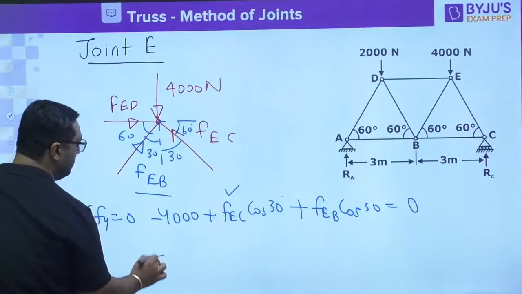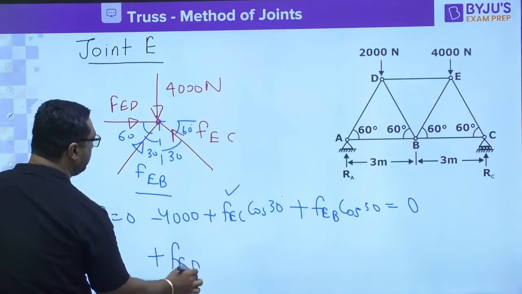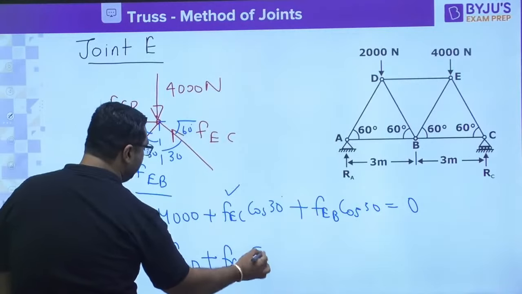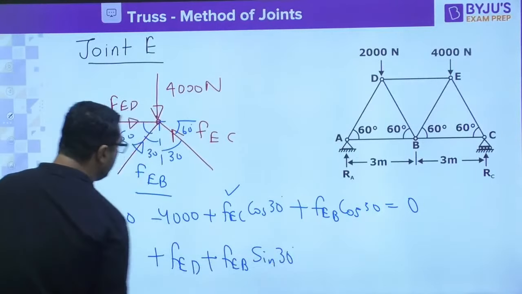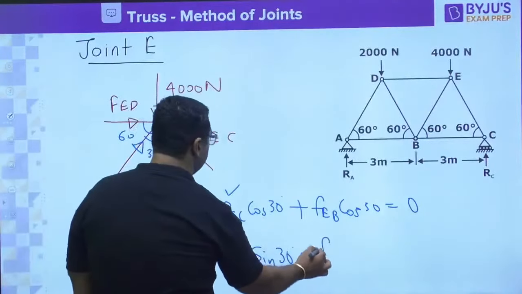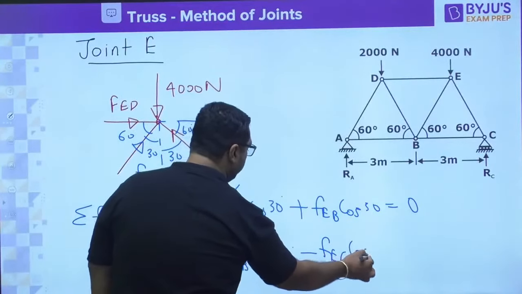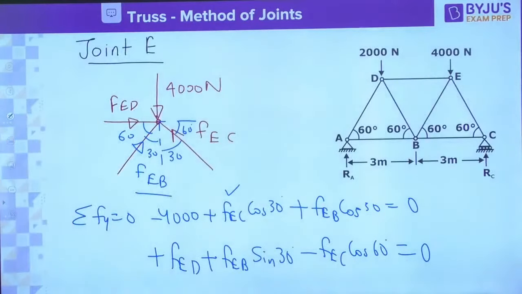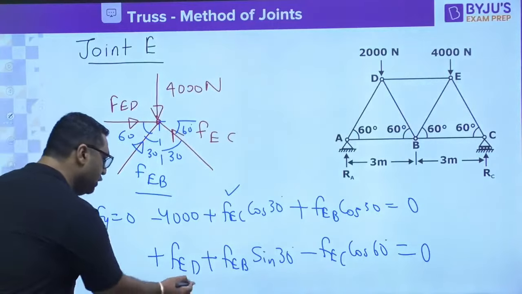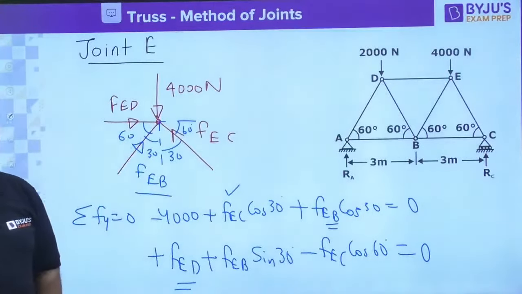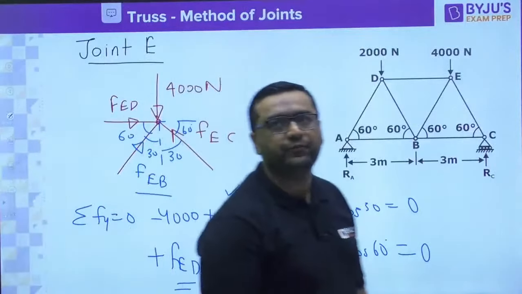You will be having plus FED plus FEB sin 30 or cos 60, whatever you want to write in this direction. Then minus FEC cos 60 is equals to 0. So my dear, these are the two equations. You can find out FED and FEB, and with that all the forces are calculated.